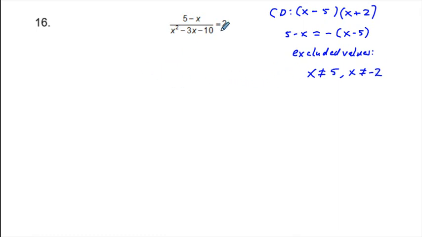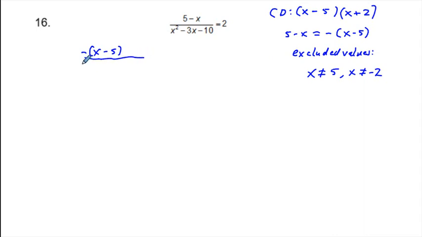Okay, so now let's write this here. I'm going to write this 5 minus x as negative quantity x minus 5.